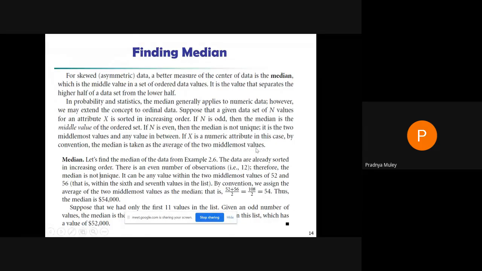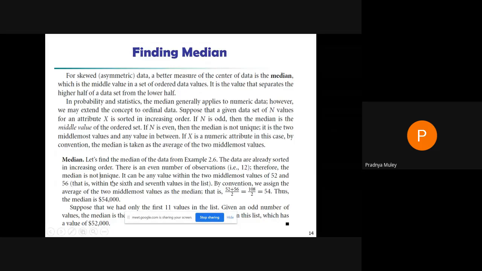For example, let us take the example which we have taken for the mean. The data is already sorted in increasing order. So there is an even number of observations, that is 12. Therefore, the median is not unique. It can be any value within the two middlemost values, that is 52 and 56.